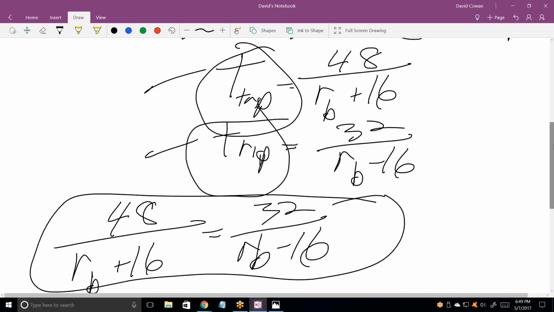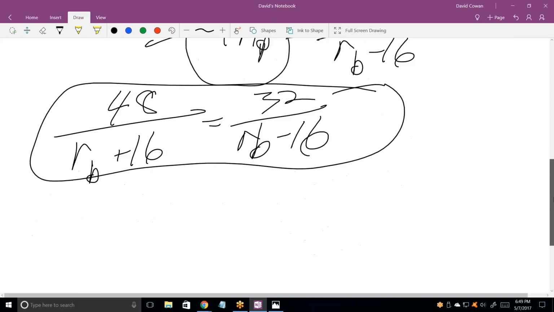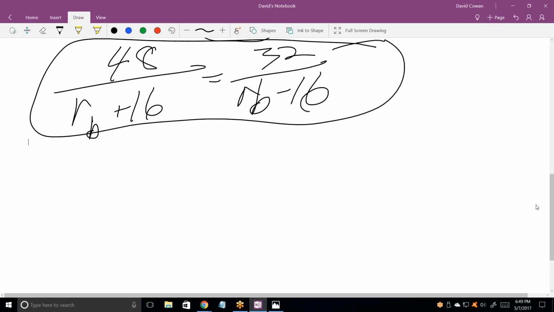What's the next step here? To solve for R sub B. Whenever you have a fraction equals another fraction, cross multiply.